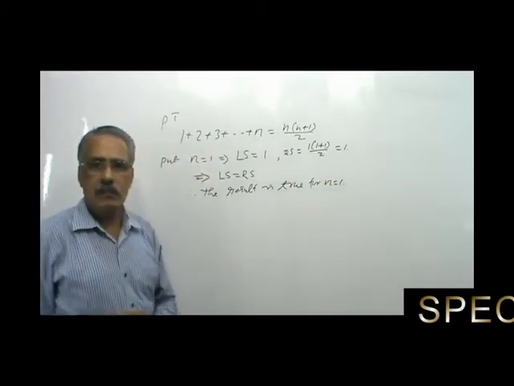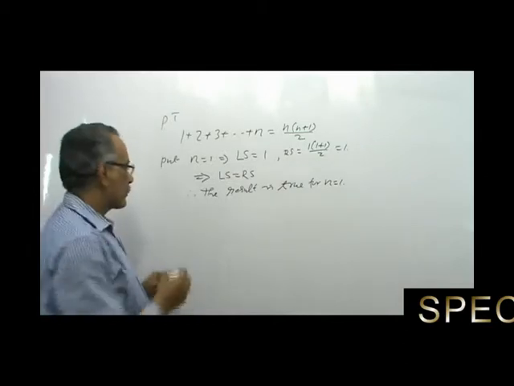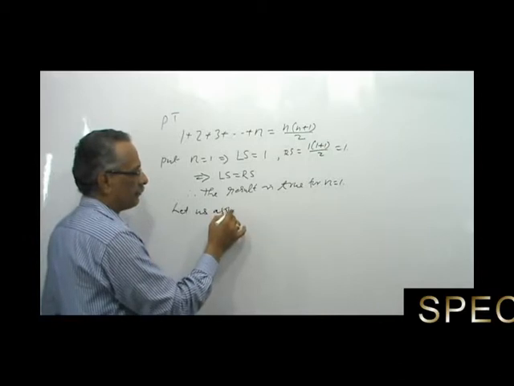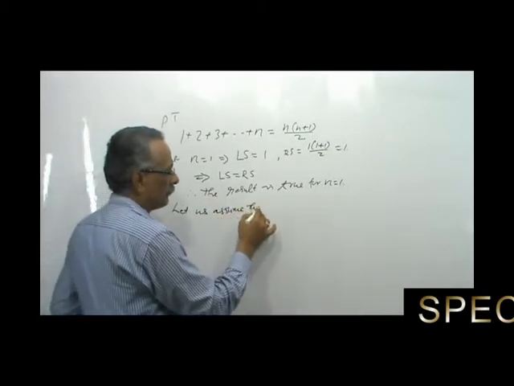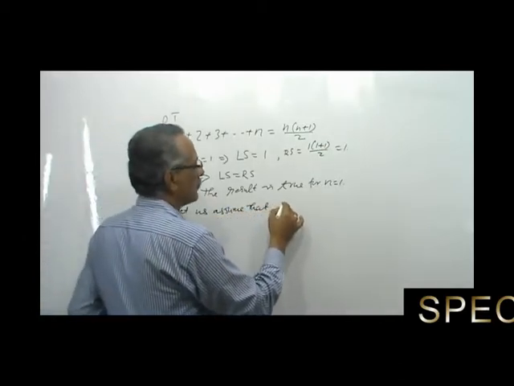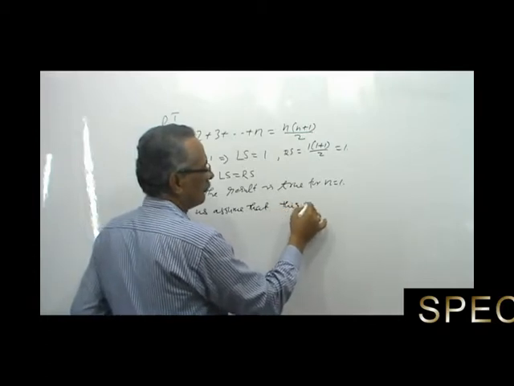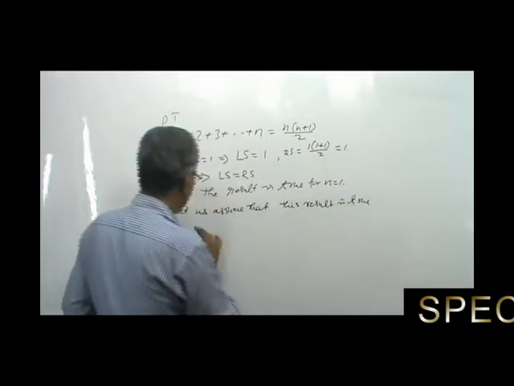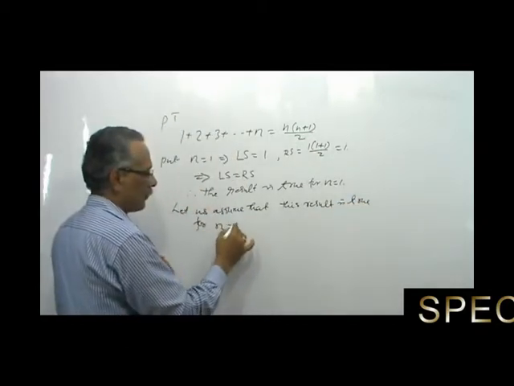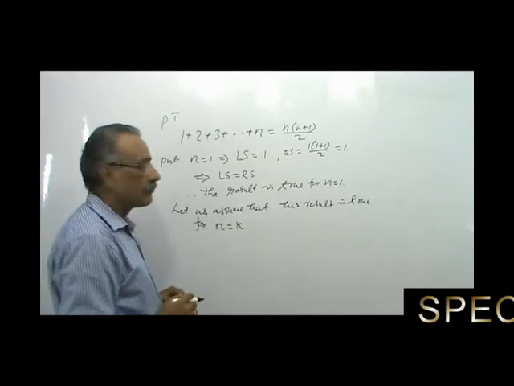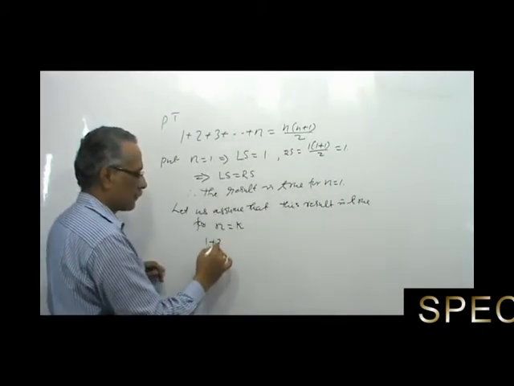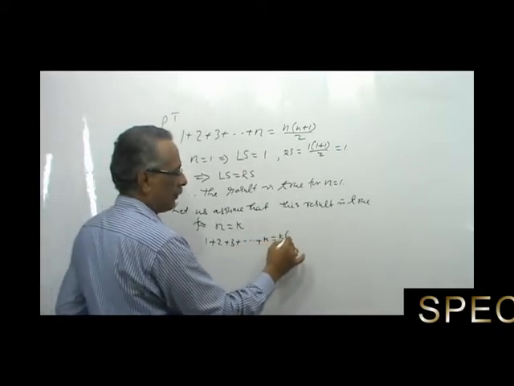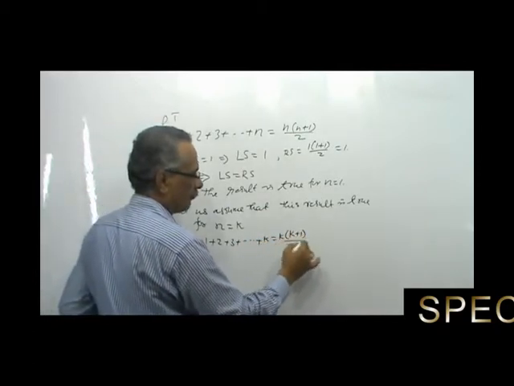That's the first statement. Now let us assume that this result is true for n is equal to k. That is 1 plus 2 plus 3 plus etc. plus k equal to k into k plus 1 by 2.